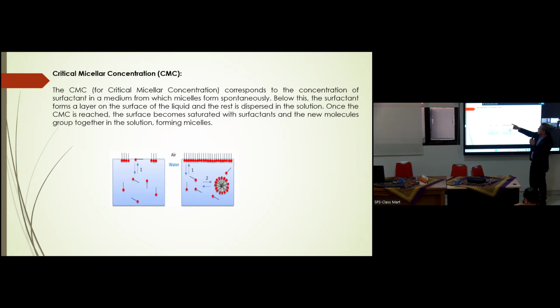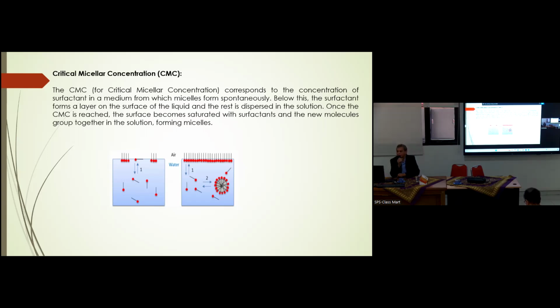Once the CMC is reached, the surface becomes saturated with surfactant, and the new molecules group together in the solution, forming micelles. This is characteristic of micelles. That's why when you have some dirt on your fabric, you use detergent. This is a surfactant that solubilizes the lipid compounds of your dirt.